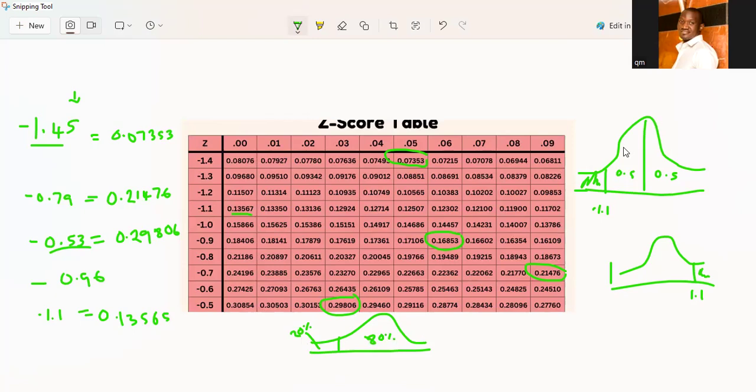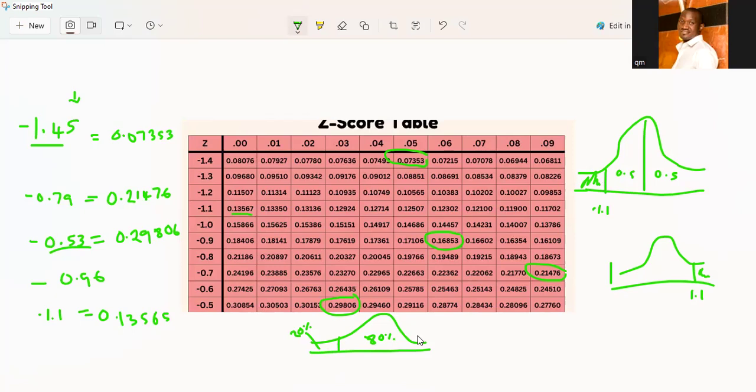So that's the meaning, or in like manner, if the reading from here is 0.1356, so the reading is 1 minus the remainder. That is what the table will give you. Is that clear? Yes, it is. That being said, I will move to the next point.